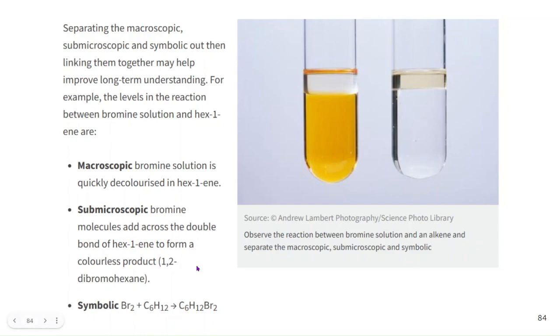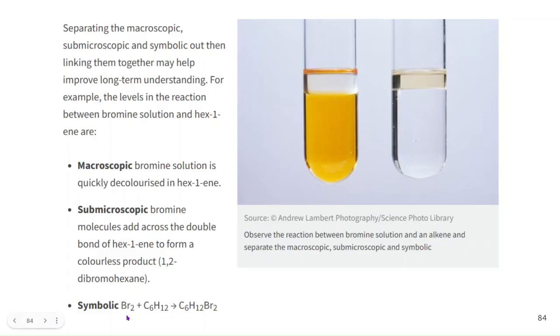The submicroscopic. So you need to know something about this reaction to say something about the submicroscopic, or at least know something about chemistry so you can make a guess. But what's happening here is the bromine molecules add across the double bond of the hexene to form a colorless product. So this is essentially describing what's happening on the tiny, tiny level.